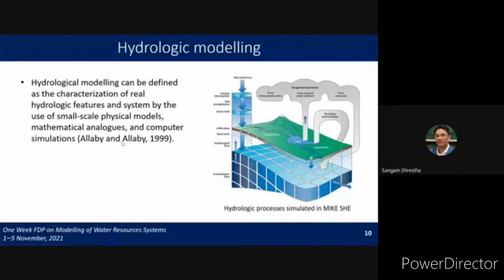And once we provide the input into that artificial representation of the hydrological processes, we can also get output from it in terms of several hydrological variables such as runoff, groundwater flow, and so on. So we use several kinds of hydrological models to simulate the hydrological processes under the changed climatic conditions.